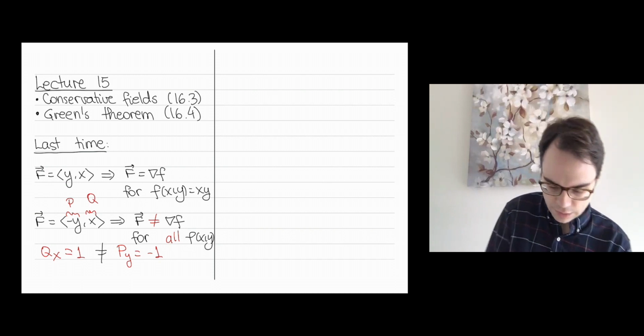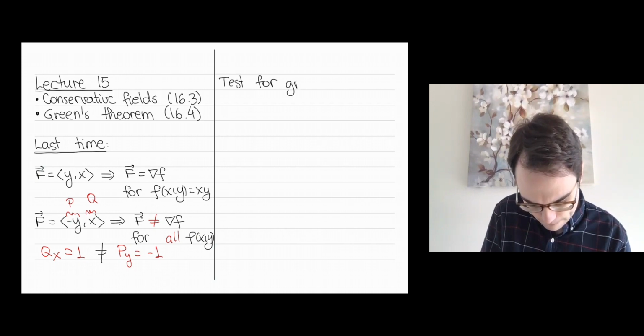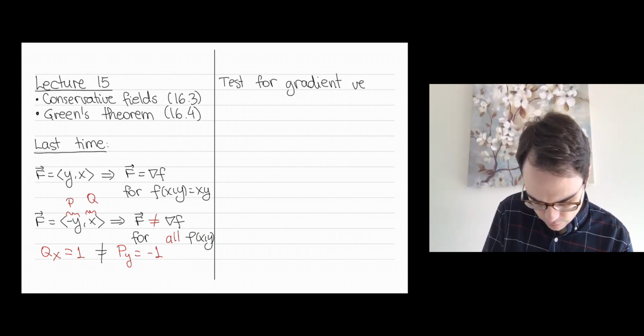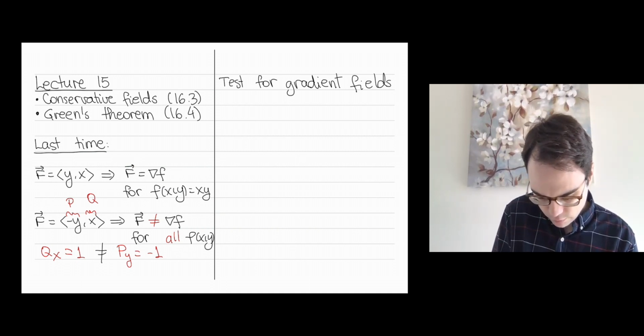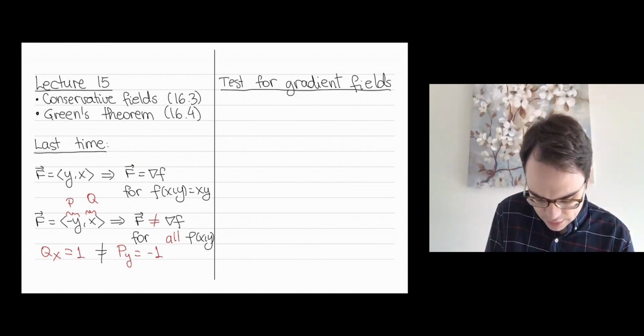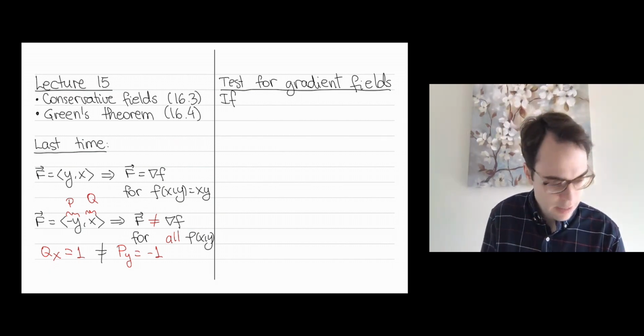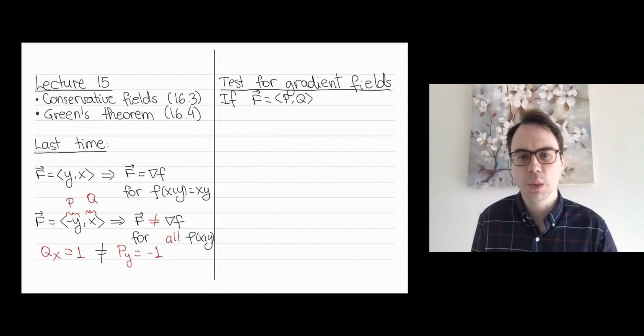Right, so let's look at this test for gradient vector fields. Let's say that our vector field F has general components P and Q, which are functions of x and y.